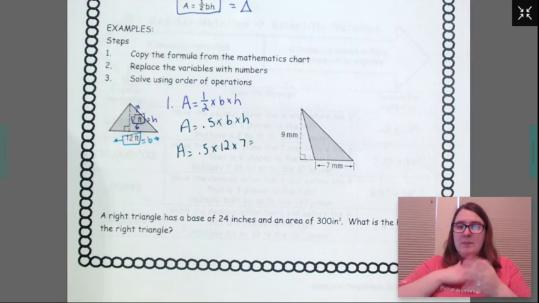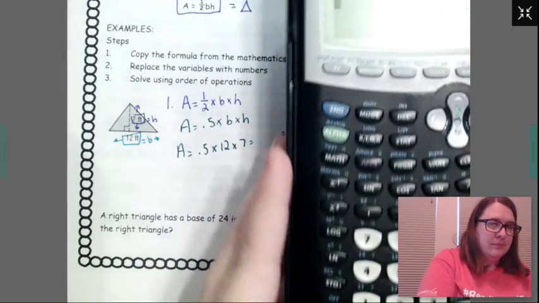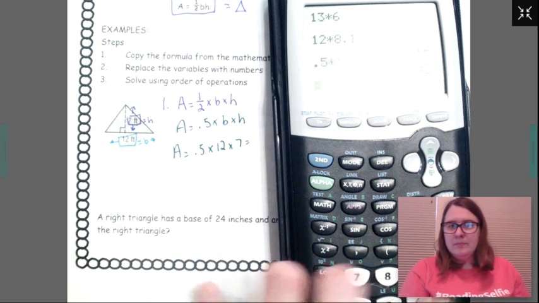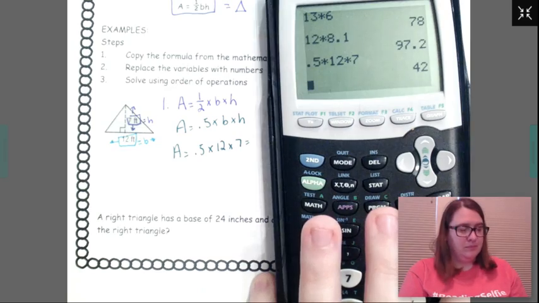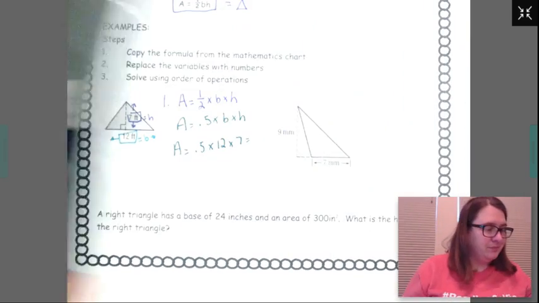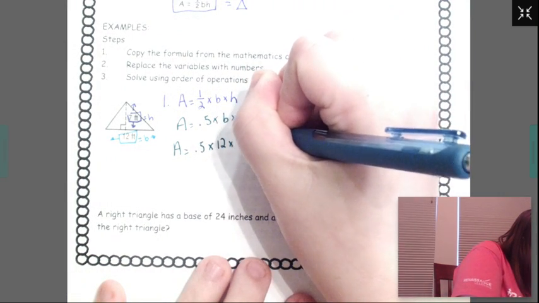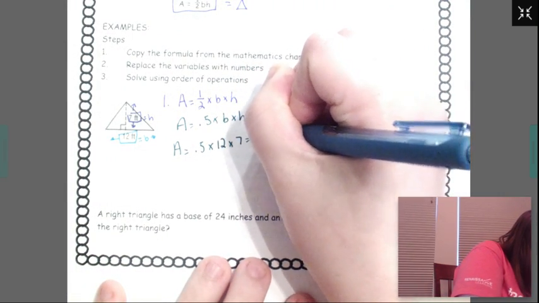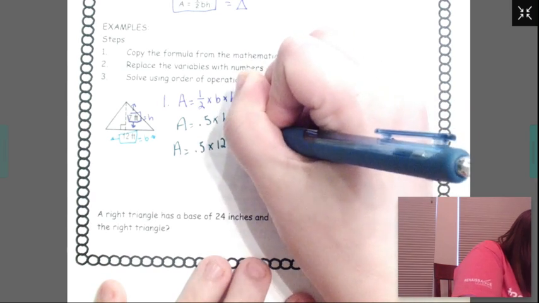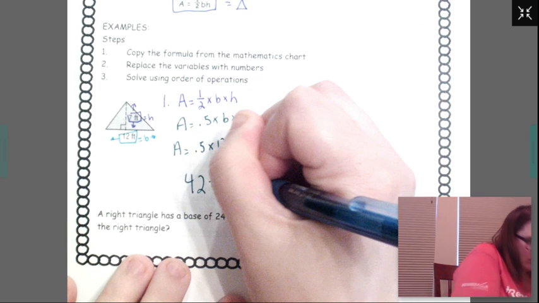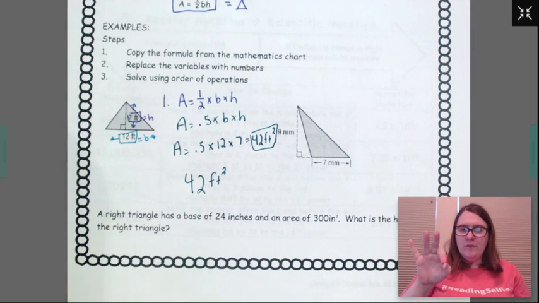Now I'm going to put those into my calculator and I'm going to see what my answer is. 42. Okay, 42 feet squared.